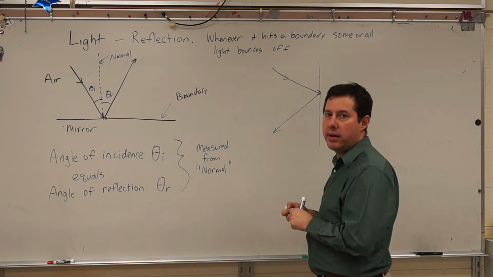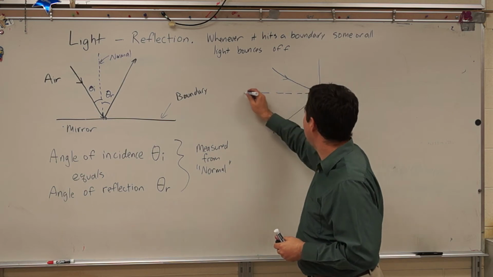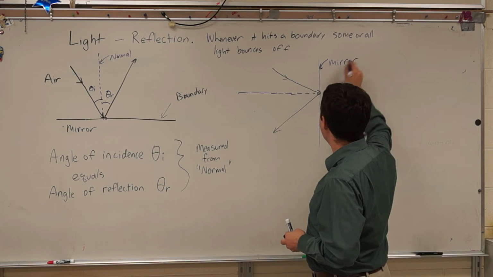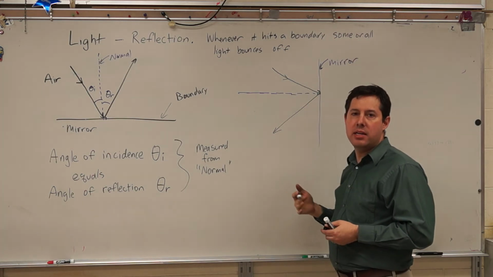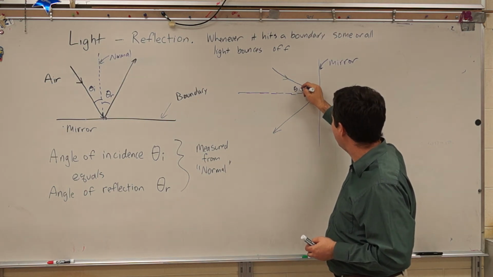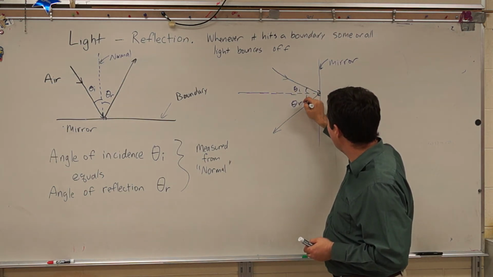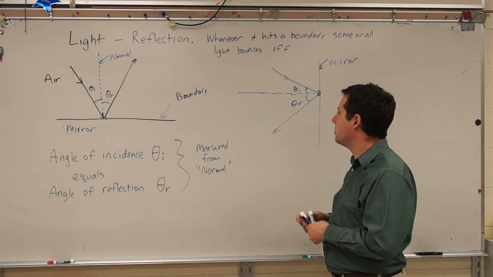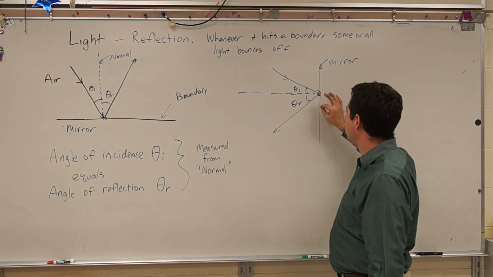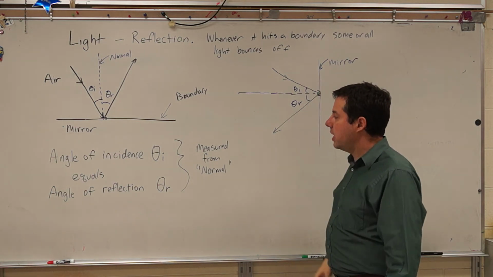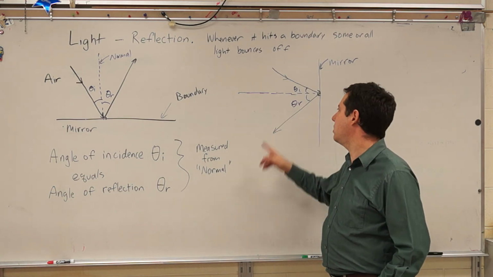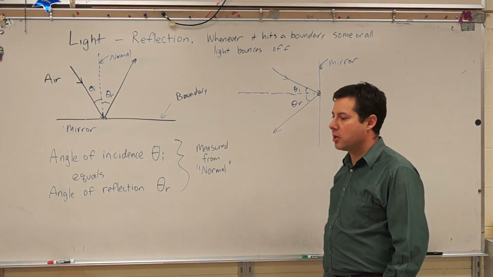And so your normal line would actually be, again, normal to the surface, so if that's your mirror, normal means 90 degrees to your surface and makes a right angle, so theta i would be there, theta r would be there. So you might have to measure them in a slightly different way, but regardless, they're always measured as compared to the normal of your surface. And they should always be the same. It's really straightforward. The hardest part of this is just making sure that you measure it correctly.